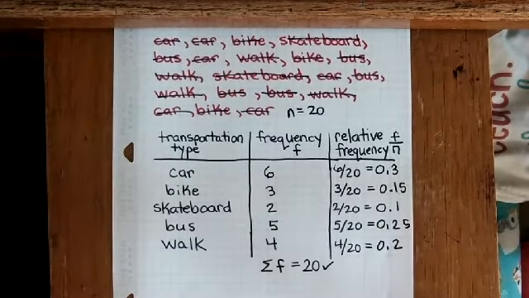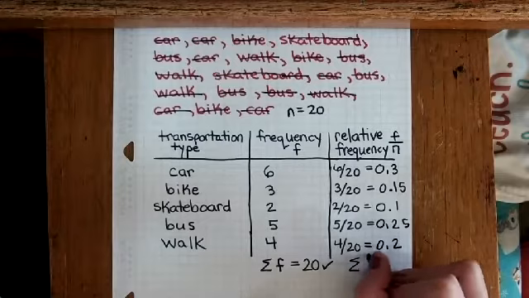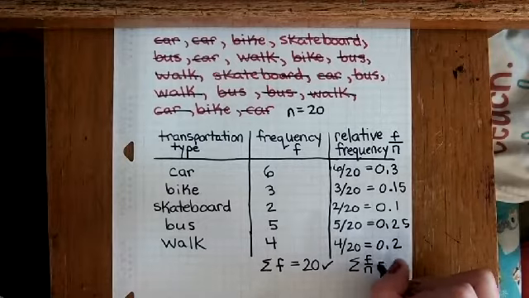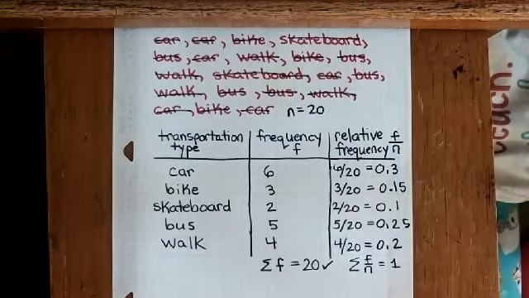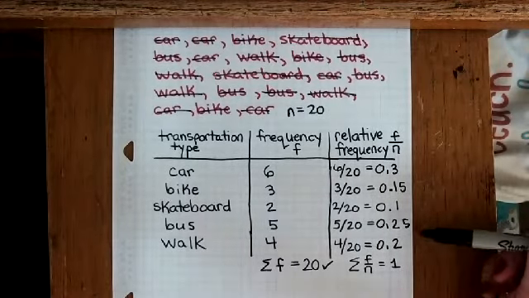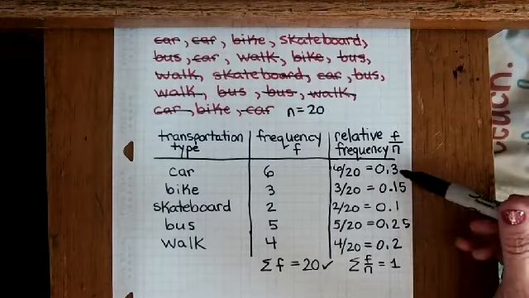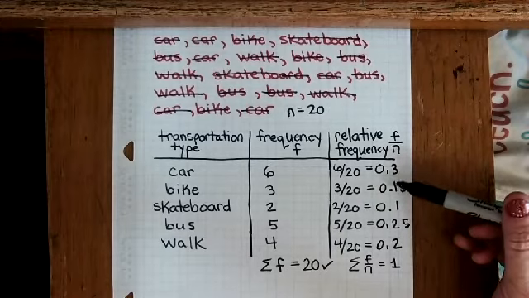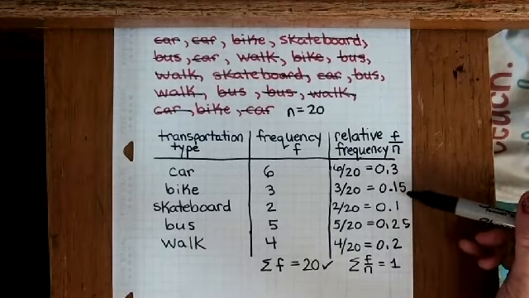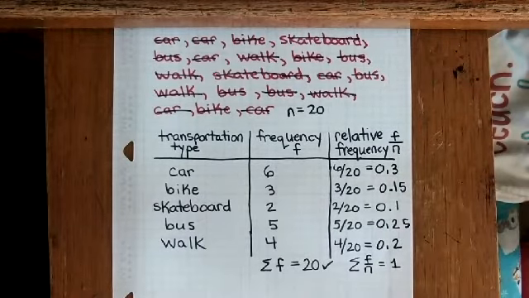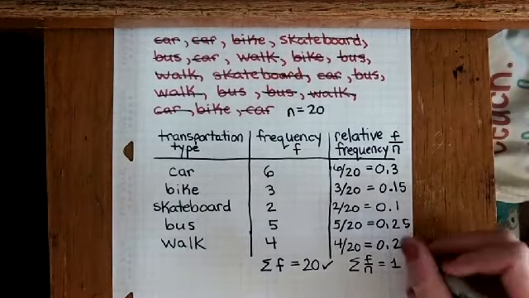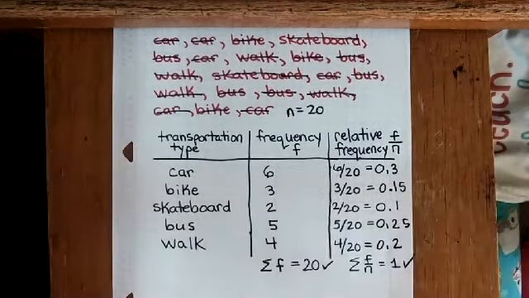If we sum the relative frequency column, we should get back the sum of 1. So here we have 0.3, 0.45, 0.55, 0.8, 1.0. Okay, so that's another check.